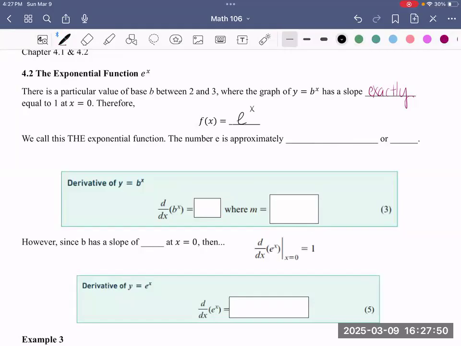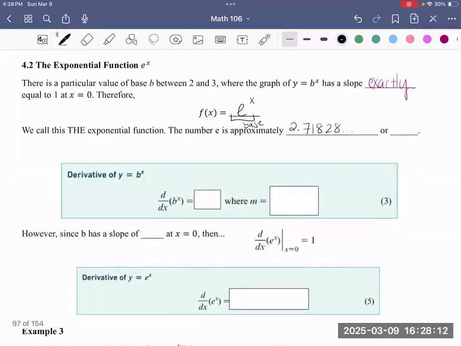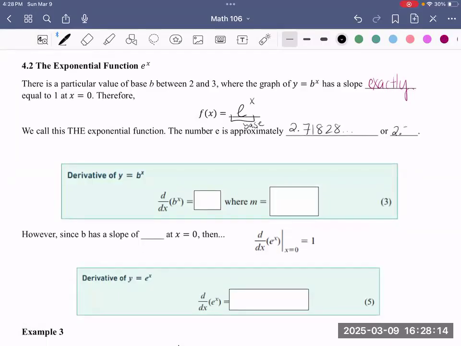Now, e to the x is what we call your exponential function, where e is approximately, if you typed e into your calculator, 2.71828... Some calculators will show more, but if we round, this is about 2.72.